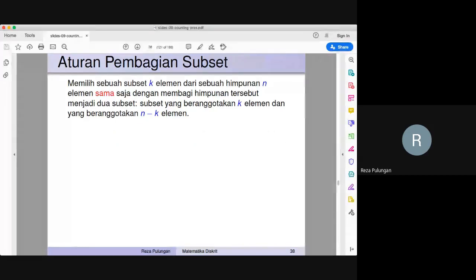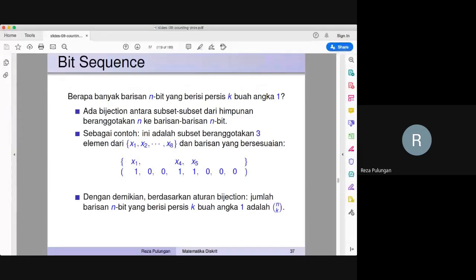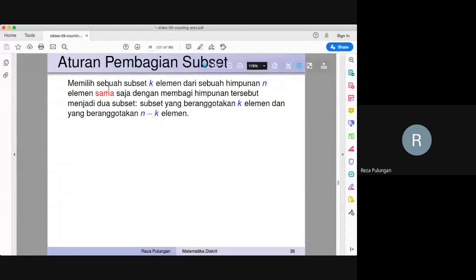Okay, now to select a k-element subset from a set that contains n elements, actually, this is what we are just doing here. N select k. Yeah, this is what I mean by n select k.